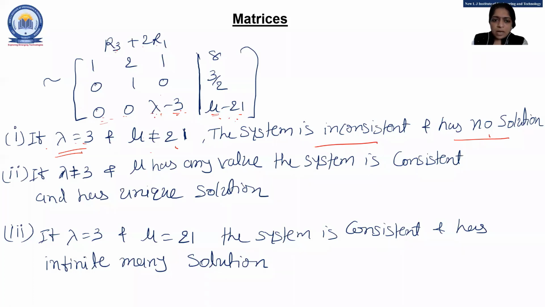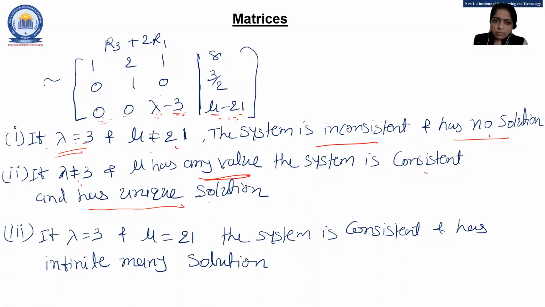If lambda is not equal to 3, your left hand side is a non-zero row and your right hand side is any number, so your system is consistent and has a unique solution. Understood? For lambda not equal to 3 and mu any value, the system is consistent and has a unique solution. And the last, many solutions.